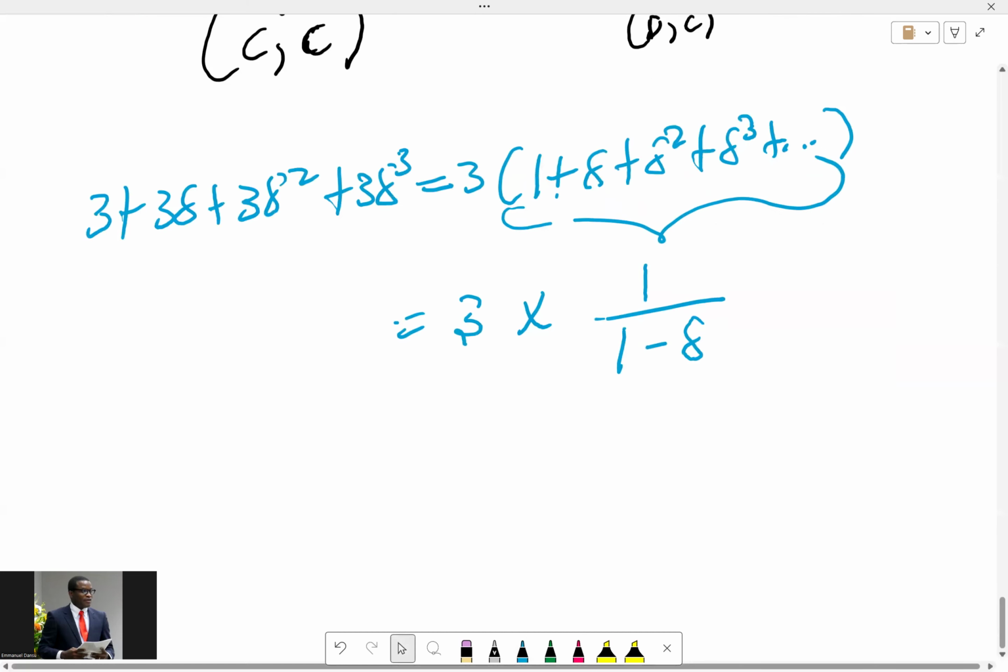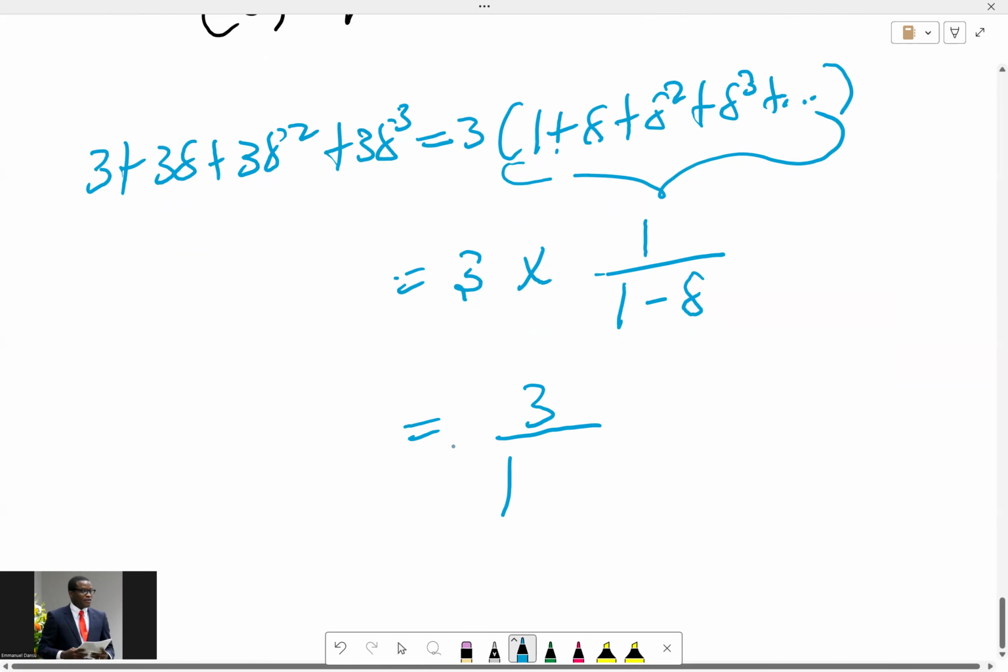The common ratio here is delta: 1 times delta is delta, delta times delta is delta squared, and so on. So this now is 3 over 1 minus delta. So that goes for that.